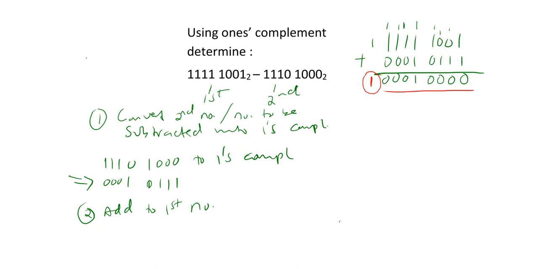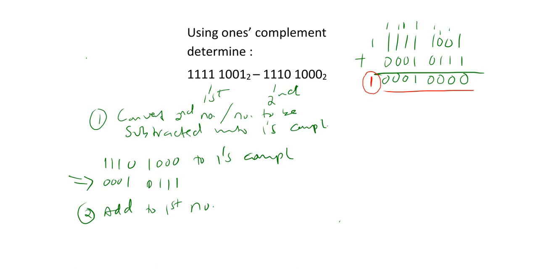For example, in these two numbers, as you can see, we are operating in 8 bits, but the number that we have gotten here is giving us 9 bits when we have this one included. So in such a case, we call the last bit, which is normally a 1, a carry over.